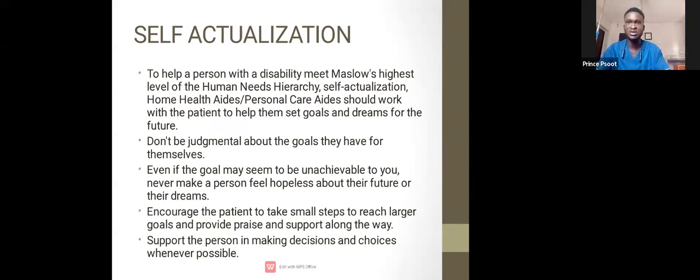Self-actualization is another need, the final one. Every person with a disability has the Maslow's highest level of the hierarchy of human needs, which is self-actualization. Home health aides should work with patients to help them set goals and dreams for the future.